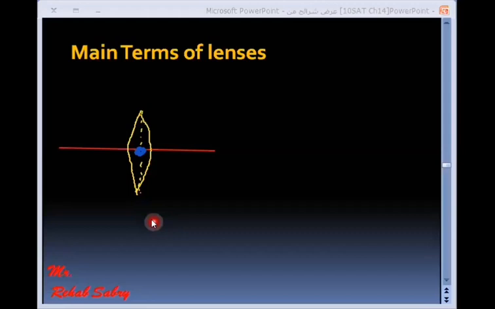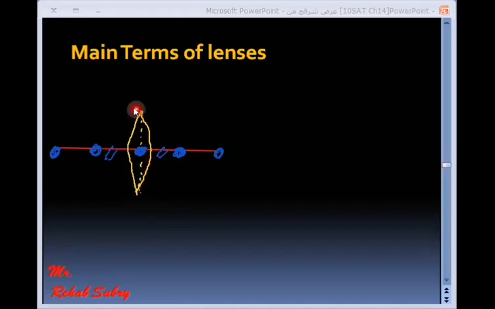Here, this is the optical center. Here, this is the first focal point, and this is the second focal point. The distance from here to here should be the same. Here and here are the centers of curvature of both faces. This focus and this center are of this face of the lens, and this focus and this center are of this face of the lens.